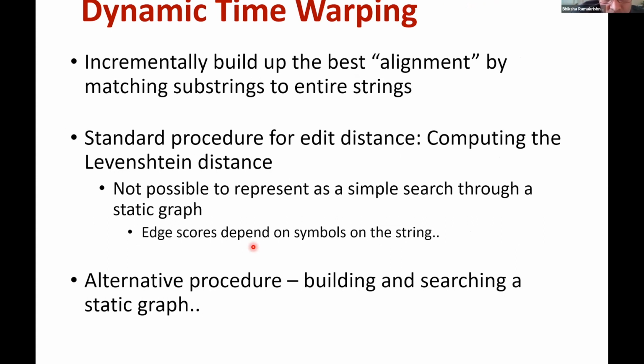This is a standard procedure, and it's what we call computing the Levenshtein distance. The standard way of doing it is not possible to represent in the manner that I will be using in this lecture. So the actual procedure that I'm explaining is a variant on it, where I can build a static graph. You may not have any idea what I'm talking about at this point. You will in a few minutes.